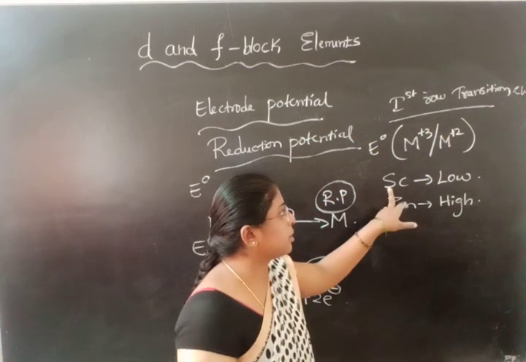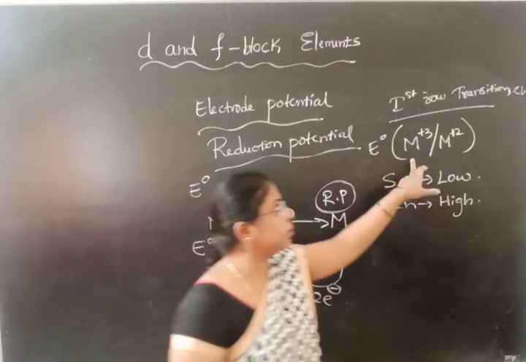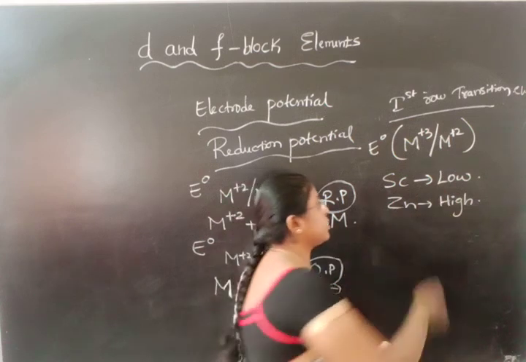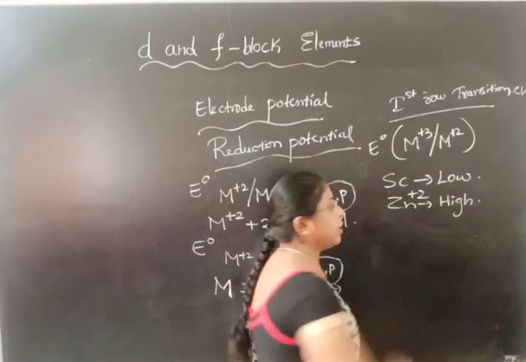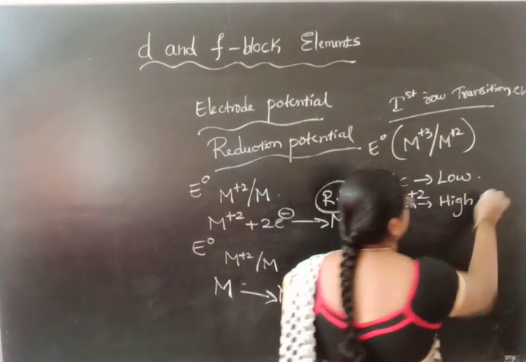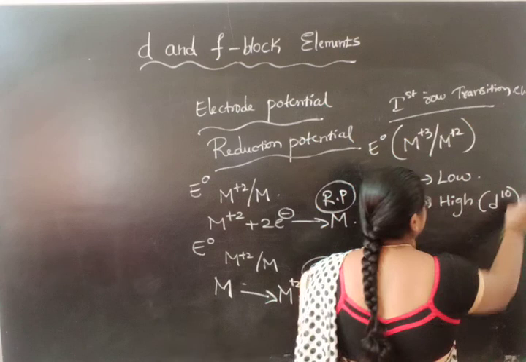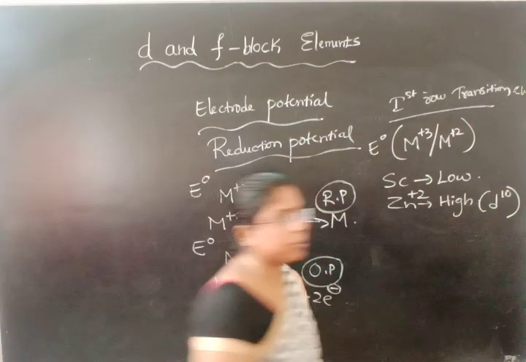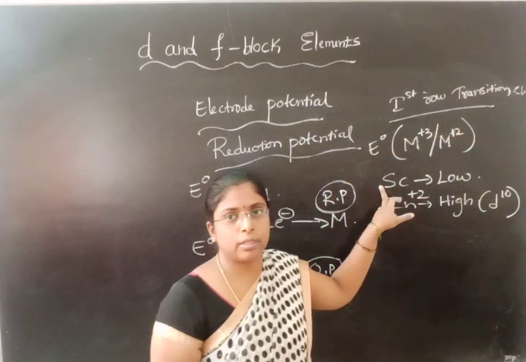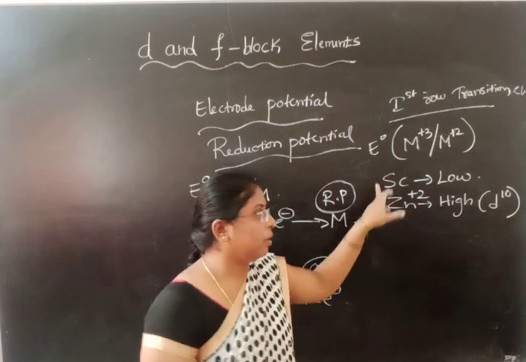Scandium in its plus 3 to plus 2 has a low value, whereas Zn plus 2 has a high value because Zn plus 2 attains the stable D10 configuration, whereas scandium does not attain a stable configuration, hence its E0 value will be low.